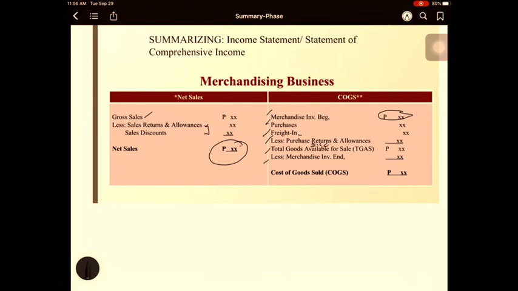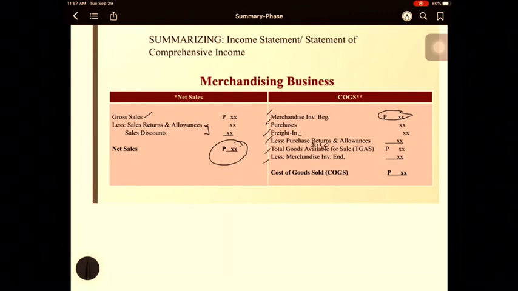You have there your purchase returns and allowances, this time from the point of view of the business, who is the buyer. When the business returns inventories which it considers defective, or is awarded purchase allowances, it shall reduce the amount of the merchandise inventory.